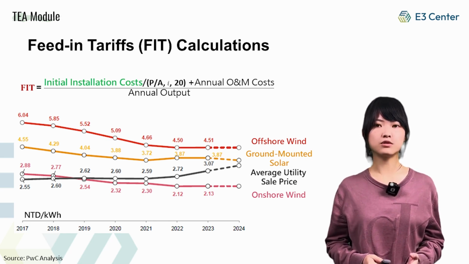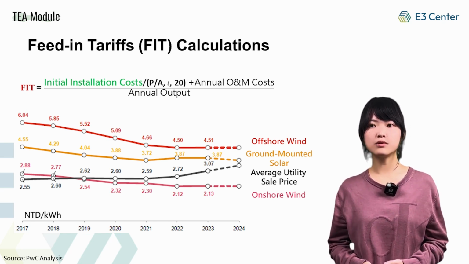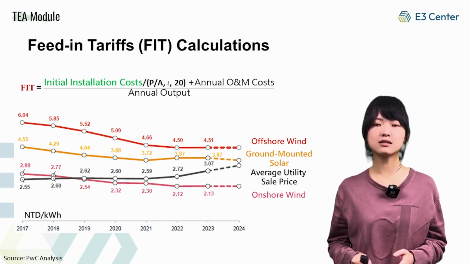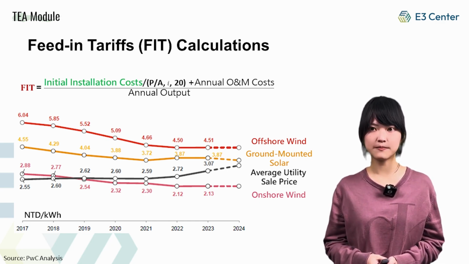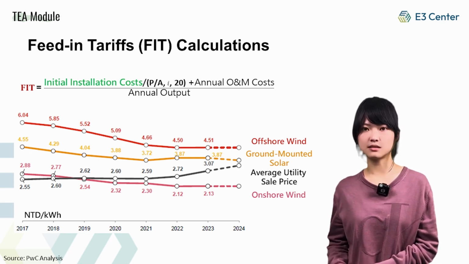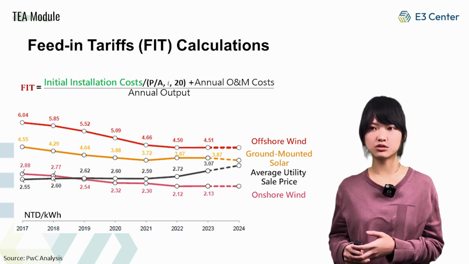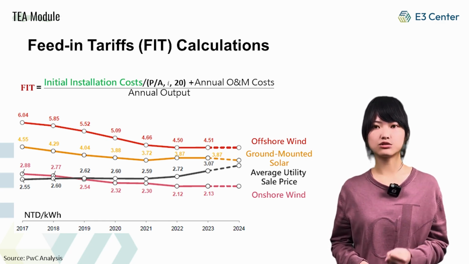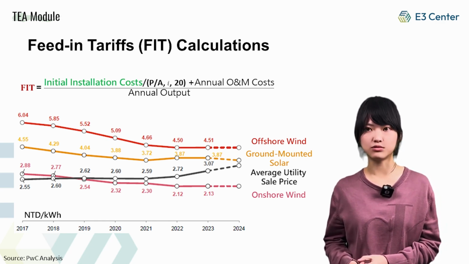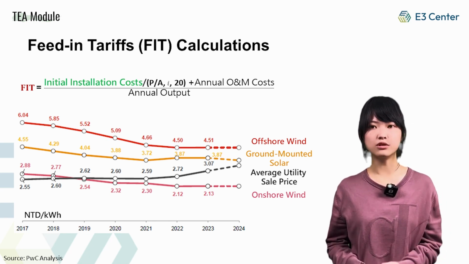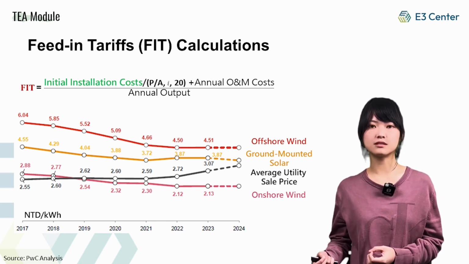So from the formula we just saw in the previous slide, we observe that a decline in initial installation costs directly impacts the FIT rates, leading to lower subsidies. And the figure here clearly illustrates how the maturation of technology contributes to decreasing FIT rates, which aligns with our expectation of cheaper renewable energy as time progresses.